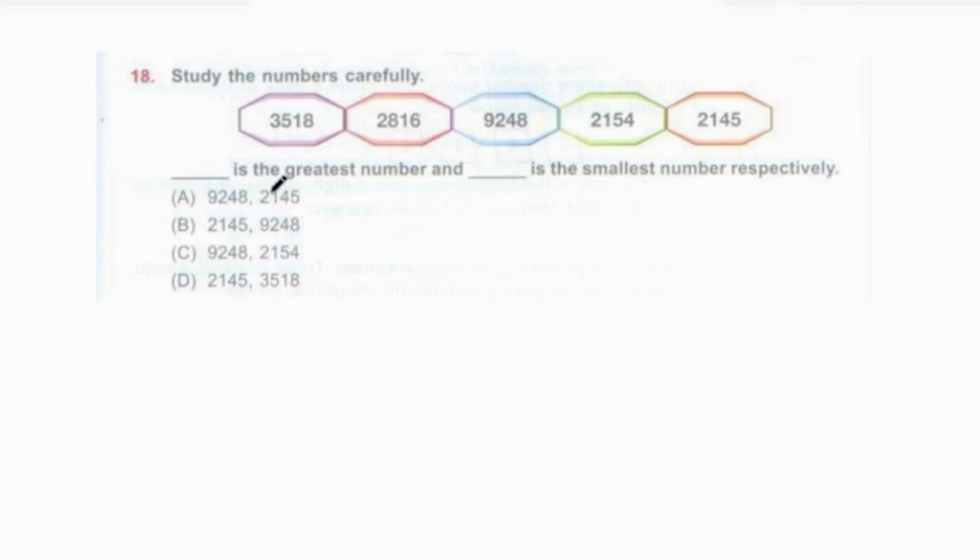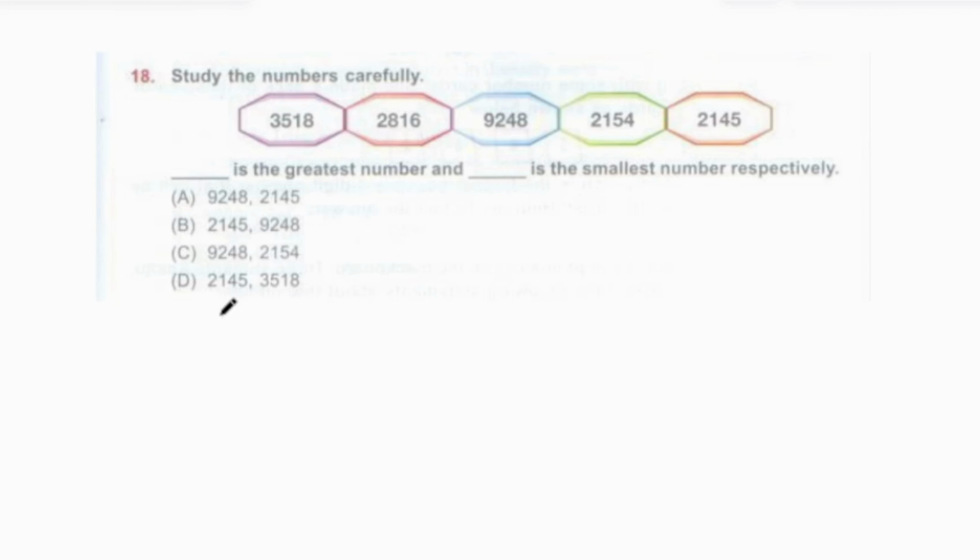You have to find dash is the greatest number and dash is the smallest number respectively. So now all you have to do is find two numbers. One of them is the greatest number among these and one is the smallest number among these.